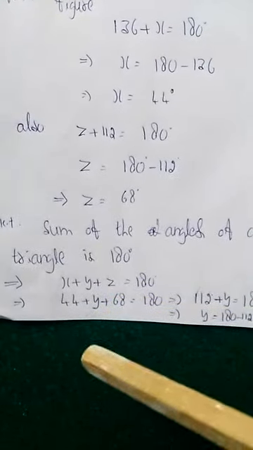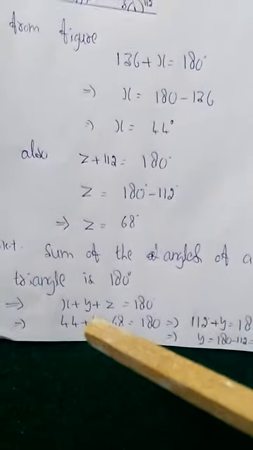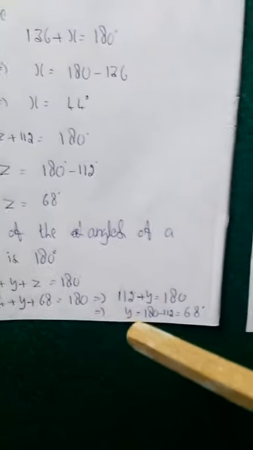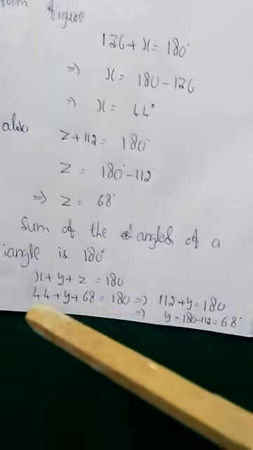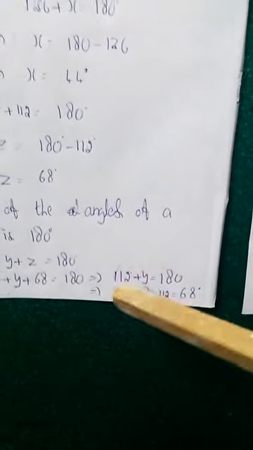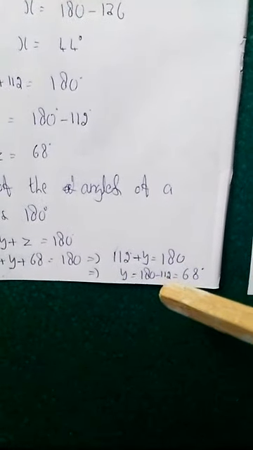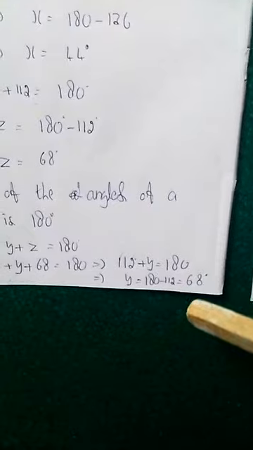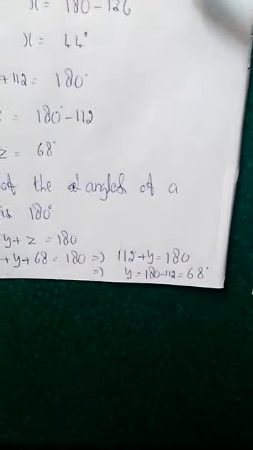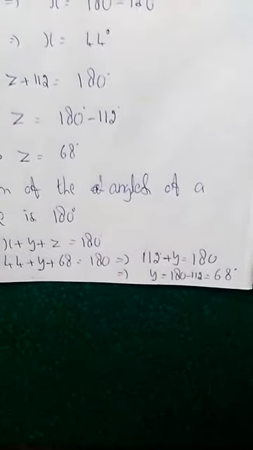Substituting the x value we got, it is 44 plus y plus the z value 68 is equal to 180. Then 44 plus 68 is 112, plus y is equal to 180. Now transpose 112 to the right hand side. Then y is equal to 180 minus 112, that is nothing but 68. So x value is 44, y value is 68, and z value is also 68.